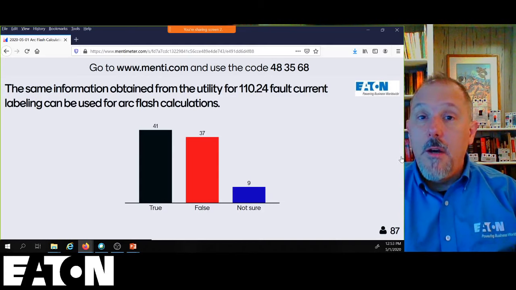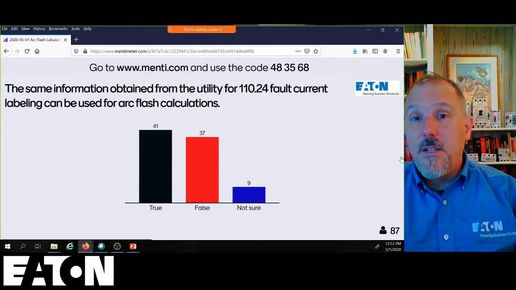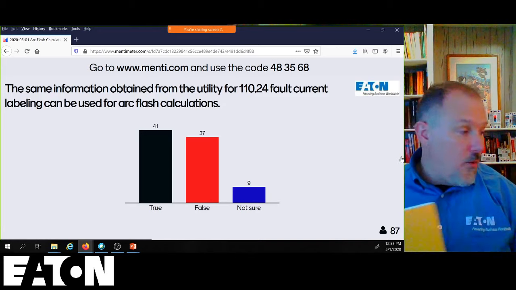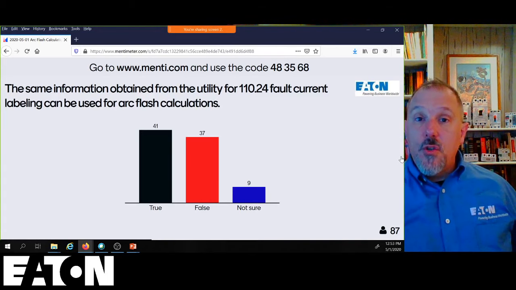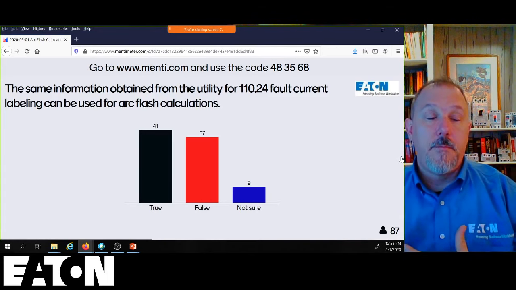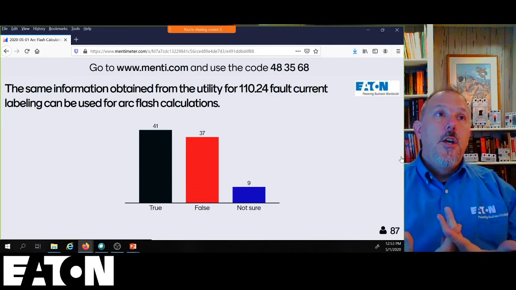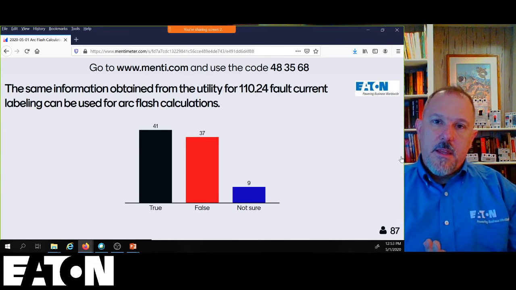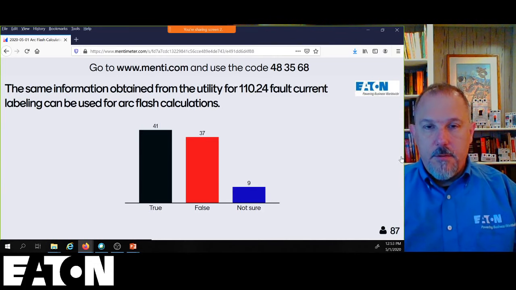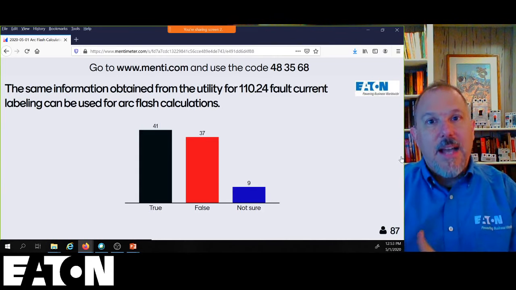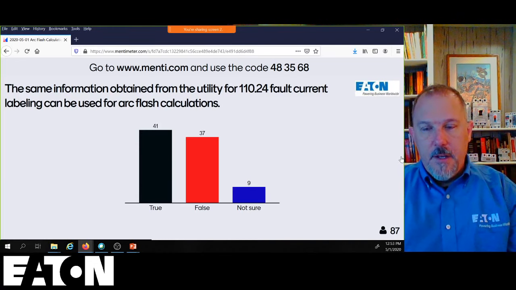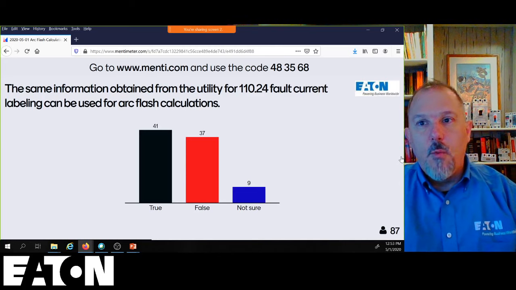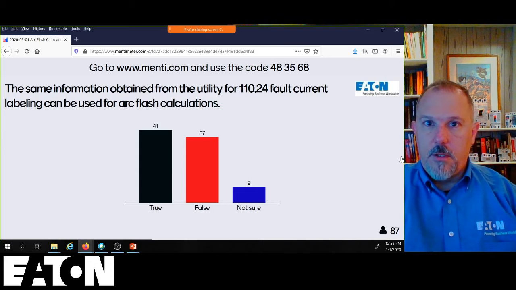So they're going to give you the lowest impedance, which will give you the highest current, because they're thinking 110.24, which is there for short circuit current ratings and interrupting ratings. Well, if you're using arc flash, you are worried about that, but it's not the only information. The maximum fault current gives you the worst case maximum, but you could have a worst case actual higher incident energy on lower fault currents.